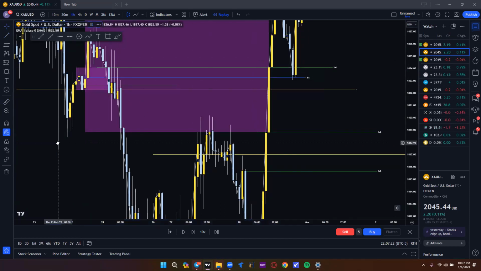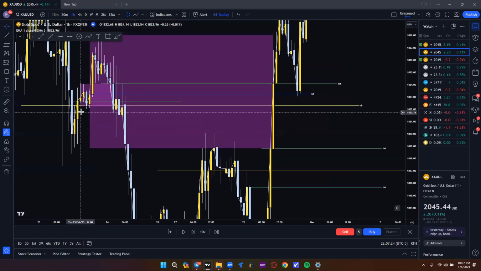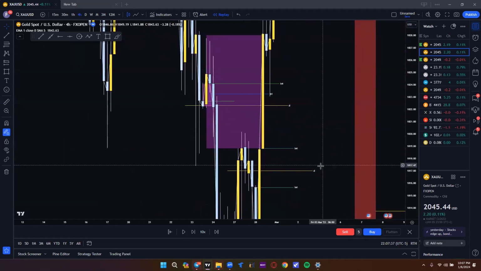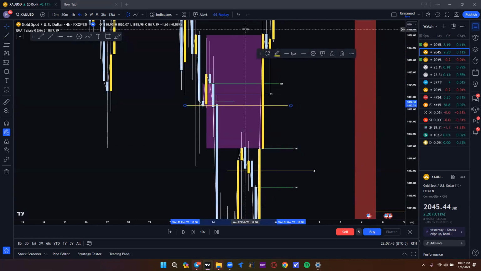Just being able to identify why I picked this level. On the daily we were already able to confirm that this H4 gap level was the reason this daily level broke. Technically speaking, from this system of analyzing, that's what I know.